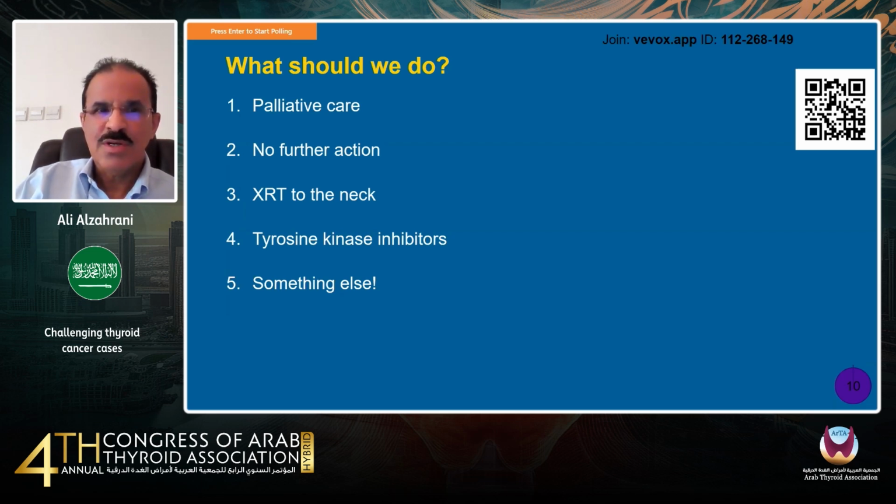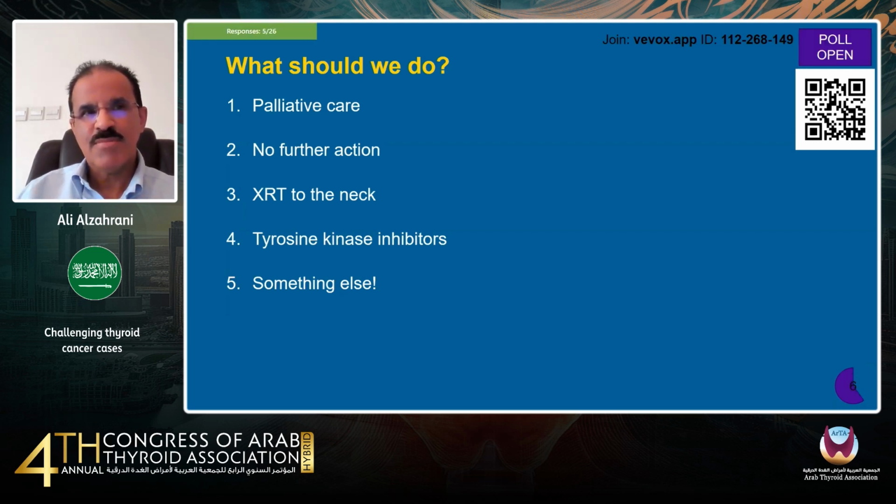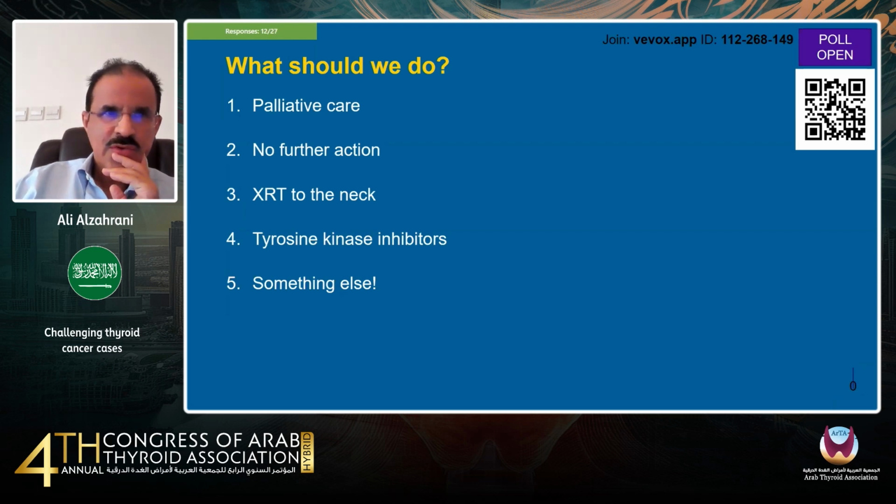Let's see what our audience thinks. Should we just do palliative care, no further action, give her more external radiation to the neck, start tyrosine kinase inhibitors, or think about something else? All right.